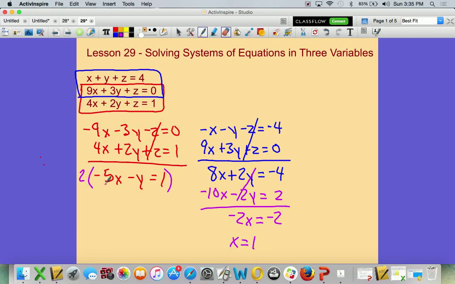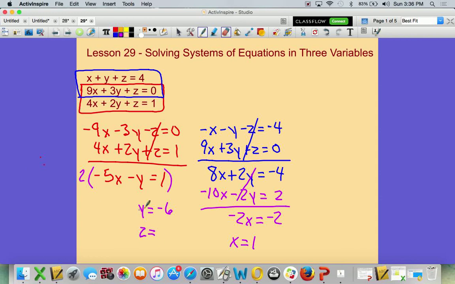This is a negative 5. Add 5, this would be a 6, and then we have to move the minus sign over, so y has to equal negative 6. And then if I put both of these back into one of the original equations, I can solve for z. So 1 plus negative 6 would be negative 5, plus z equals 4.